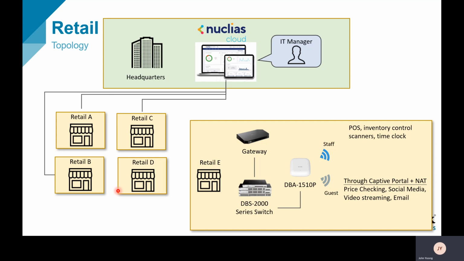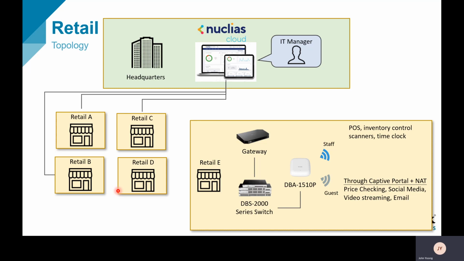What is this? Some retail stores, for example 7-Eleven, may not be able to get a firewall, as they are very expensive. So they may set up an ADSL router, those kinds of things, but they also need a guest network. By using our DBA series APs, we have a service: a captive portal plus NAT.